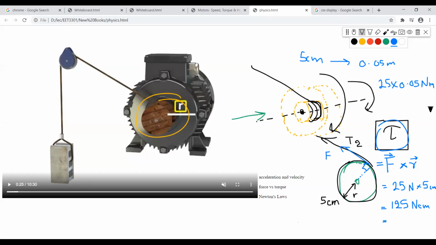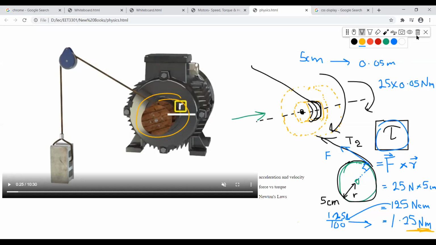Then you get the answer in Newton meters, which is 1.25. In other words, you calculate it in Newton centimeters and divide it by 100. So then you get the correct answer, which is again 1.25 Newton meters. And don't forget to write the unit. Unit is very important. If you don't write the unit, you will lose some marks in the exam.